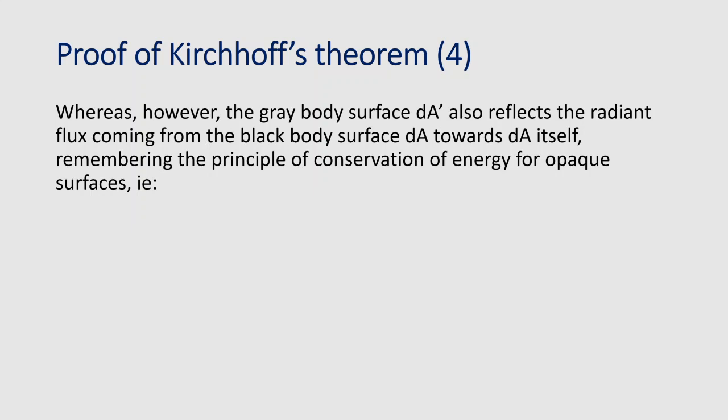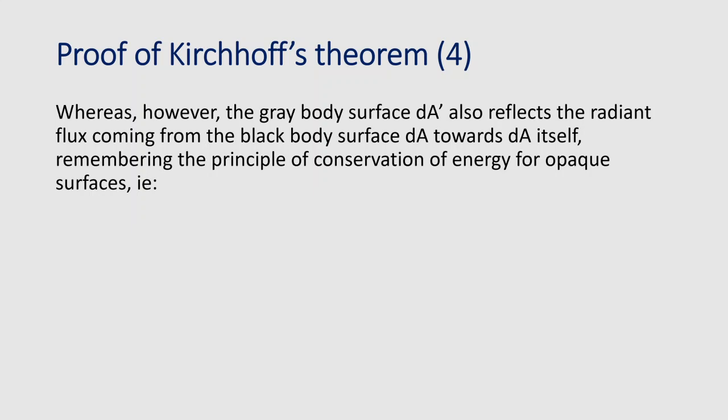While all the energy that is emitted by the gray body and strikes the black body, again by definition, is completely absorbed, because it's a black body, so rho is equal to zero and alpha is equal to 1. So all the energy emitted by the gray body is completely absorbed by the black body.